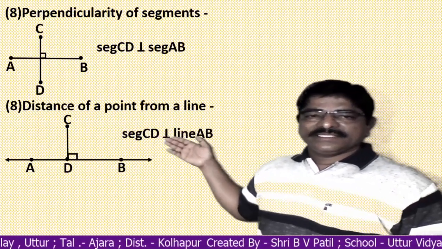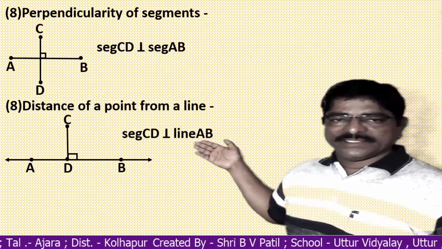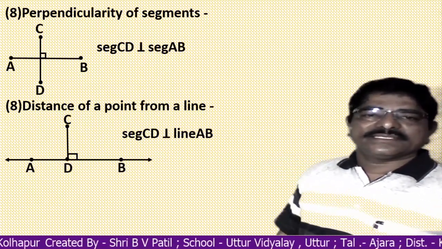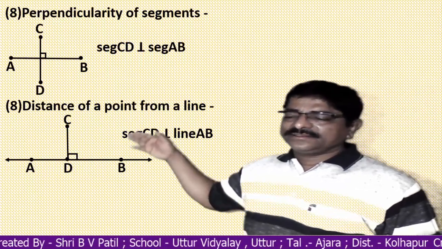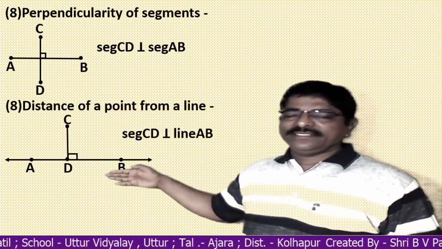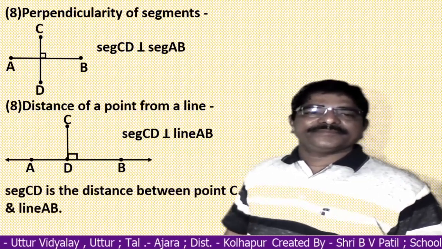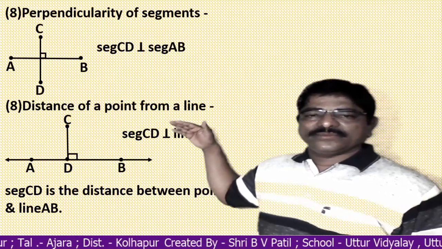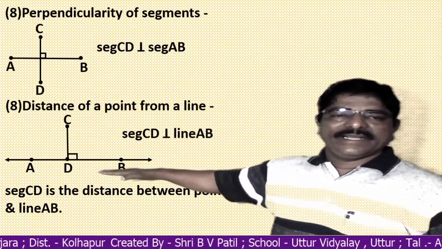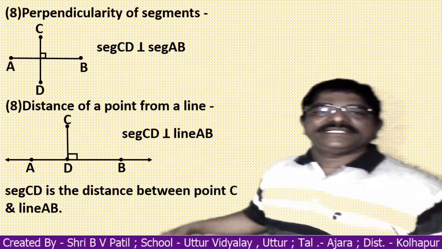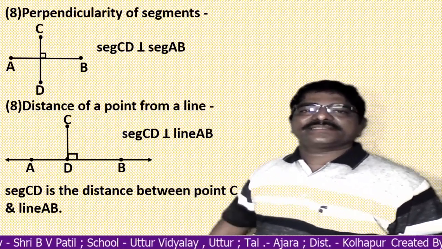Therefore, we can say that segment CD is the distance between point C and line AB. In this way, today we discussed different points.